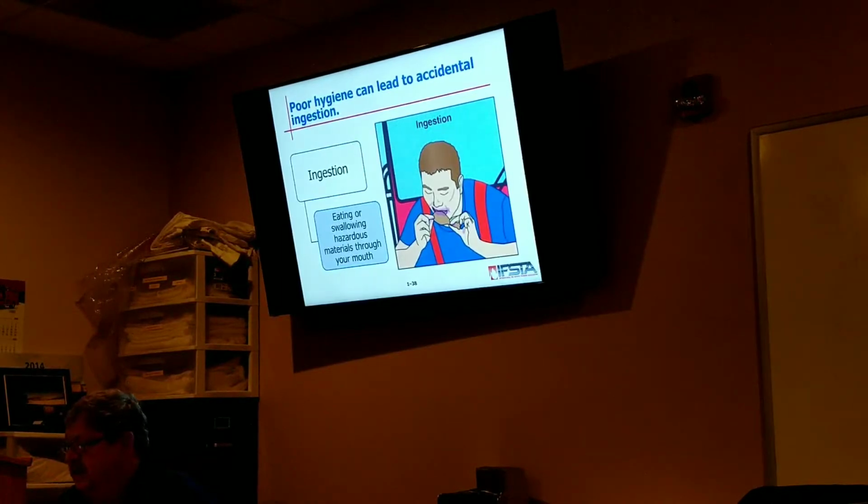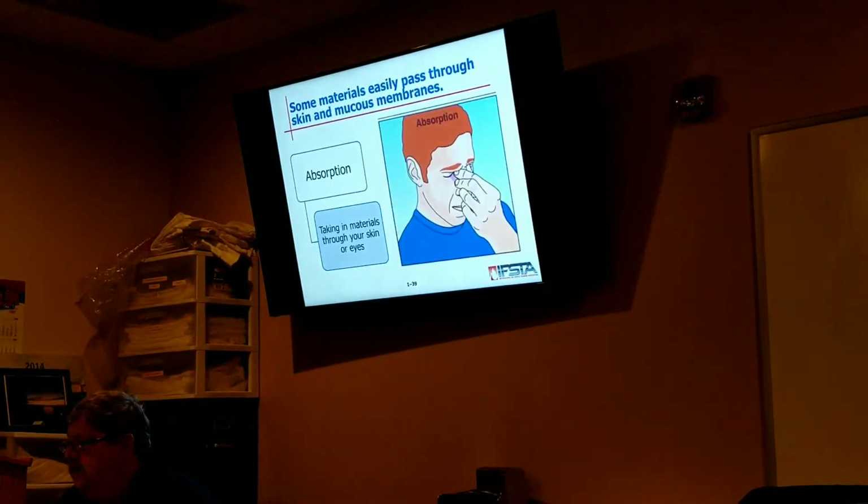Anyway, back to this. Then we have absorption, the process of taking in materials through the skin or eyes. Remember, your eyes are mucous, so that's the first place it goes. It passes through there easily. The mucous membranes are areas where the skin is the thinnest.